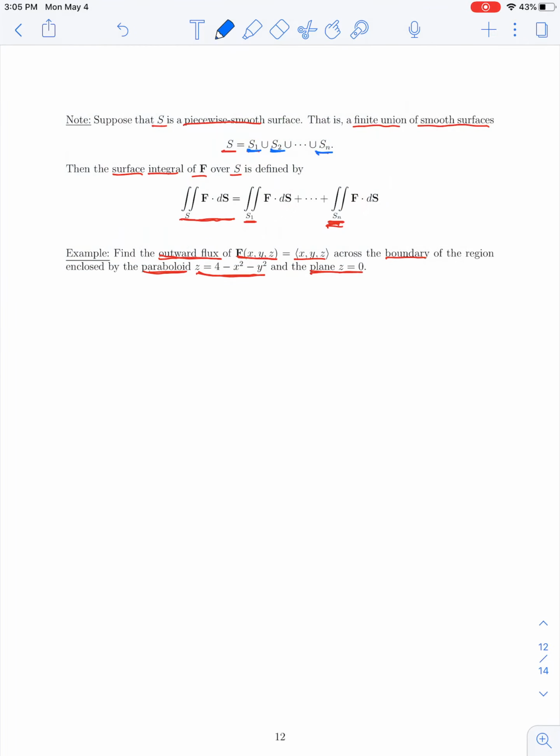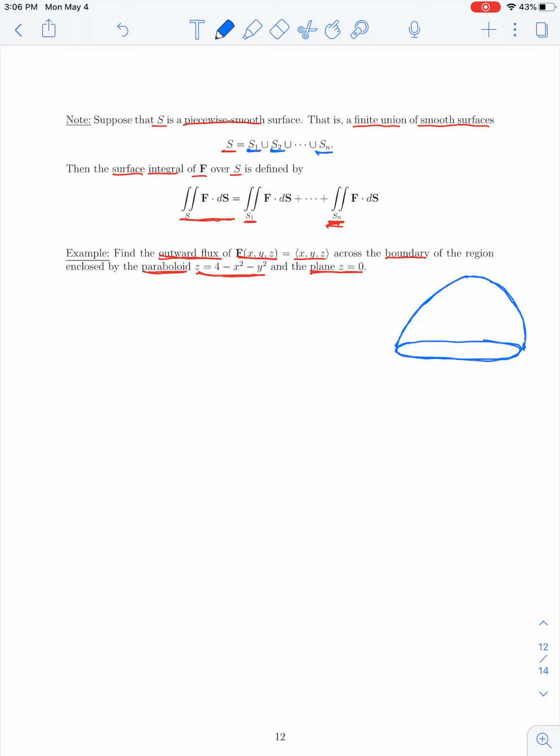So we have the surface, which is the boundary of a solid region enclosed by the paraboloid z equals 4 minus x squared minus y squared, some downward opening circular paraboloid with vertex at (0, 0, 4) in space, and the plane z equals 0, that is the xy plane. So this downward opening paraboloid will eventually intersect the xy plane in a circle.